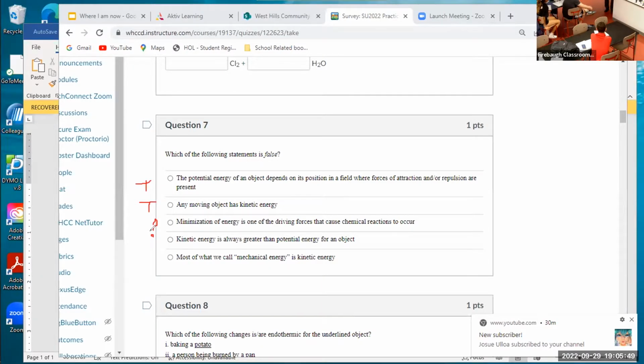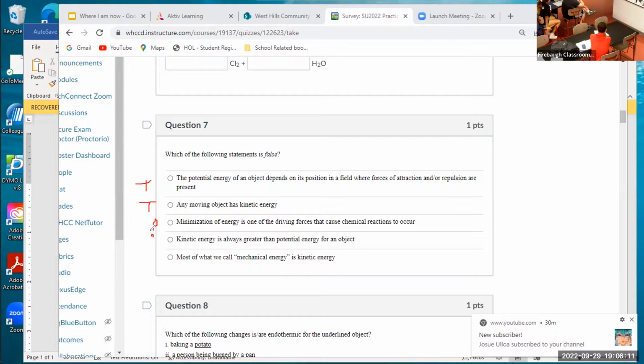Initially it starts off slow and it speeds up. It's going to be at its fastest point when it hits the ground. It's also going to have the most kinetic energy. That's right. It depends, right? So we know that one is false.